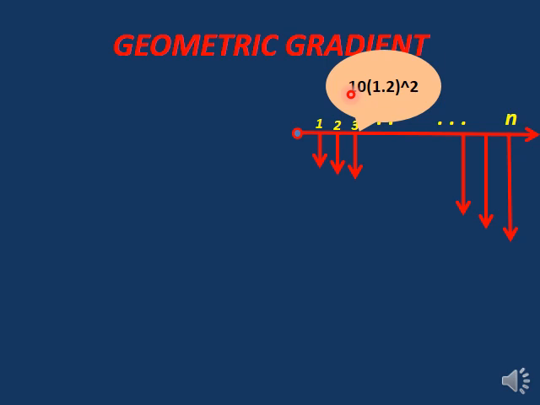So if we are to compute the rent for the 11th year, then this rent amount must be equal to 10,000 times 1.2, and there are 10 1.2s. As you may observe again, the number of 1.2s is one less than that year. So our exponent here is always one less than the period.